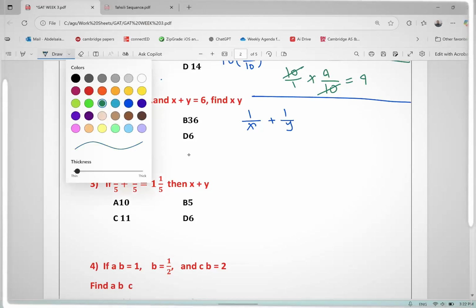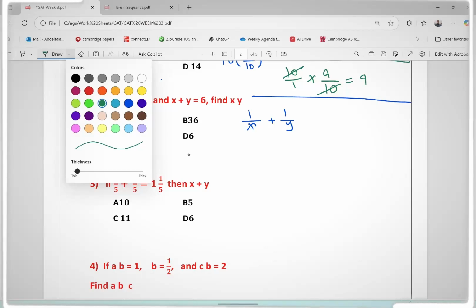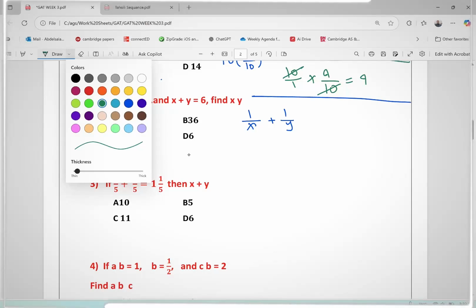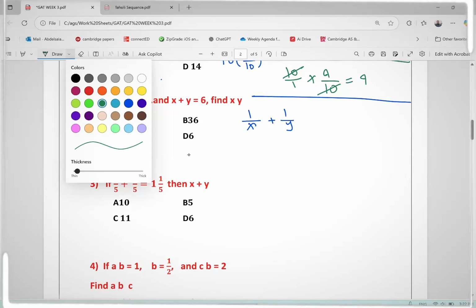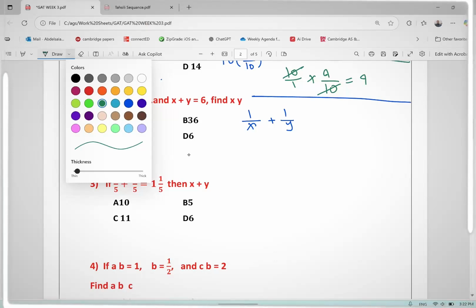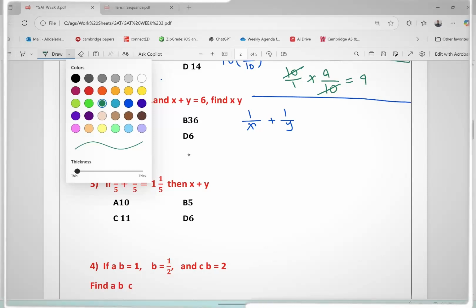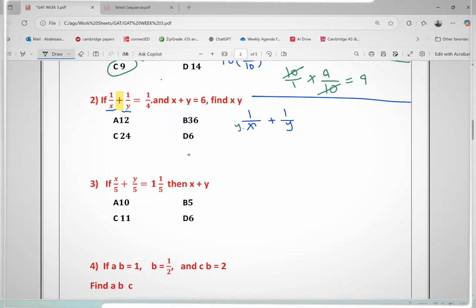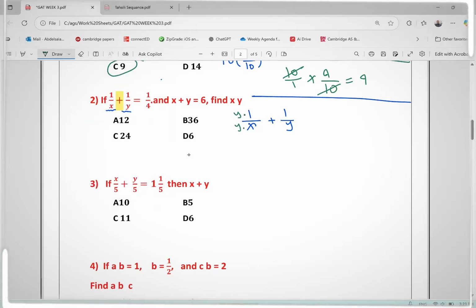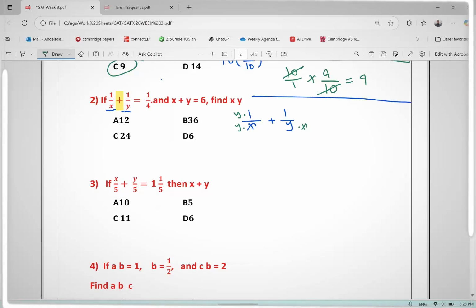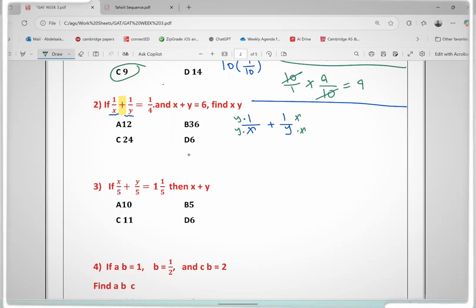Can I multiply x by any number to be y? No. This is the third case. Here, to change these fractions to like fractions, I have to multiply here by y and here by y. And I will multiply here by x and also here by x.